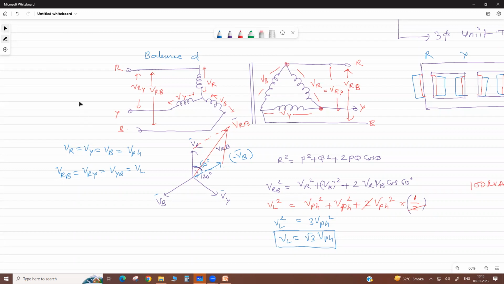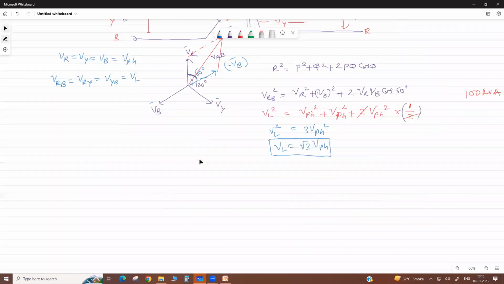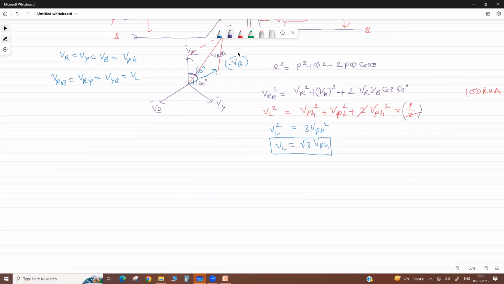So actually, now if we draw, we compare the vector or phasor diagram of the primary side and secondary side.